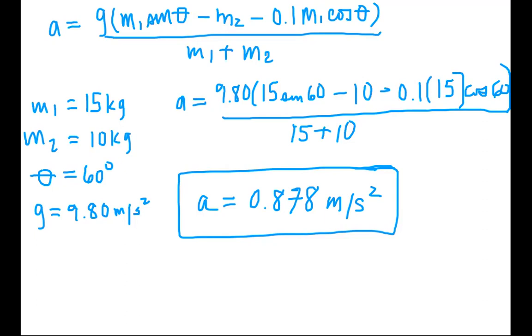The friction is equal to 0.1 times the normal force, which was given. The normal force is in the y direction, which is the cosine, whereas the other forces like tension and weight were in the x direction, which is sine. So as we were looking at the y direction, we use cosine.